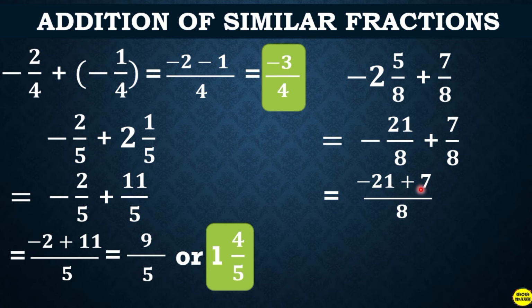So, different signs sila. So, therefore, we will subtract. So, we have negative 14 over 8. So, bakit negative 14?